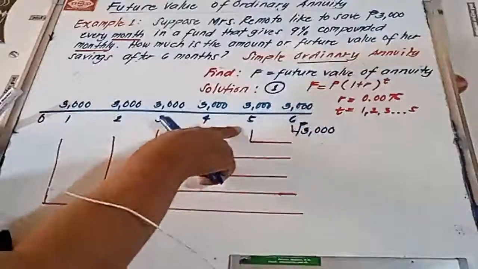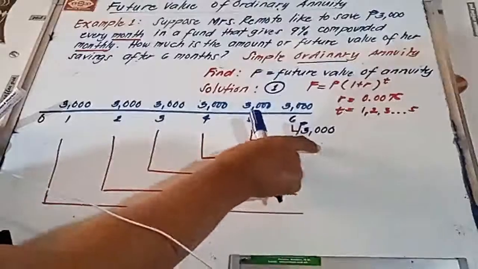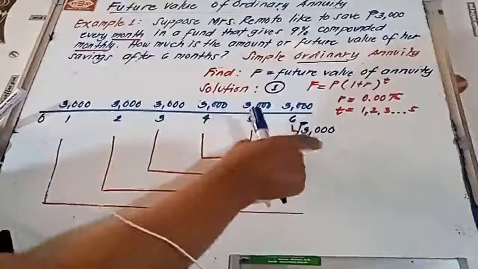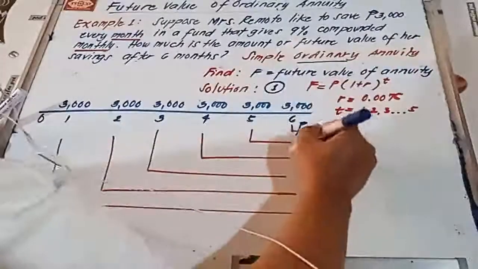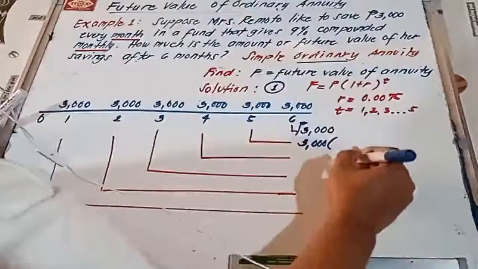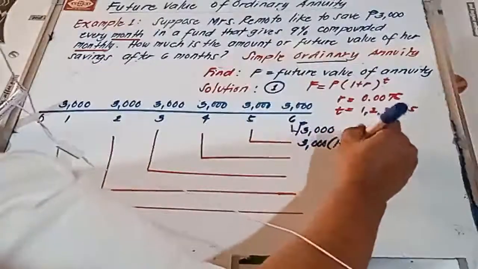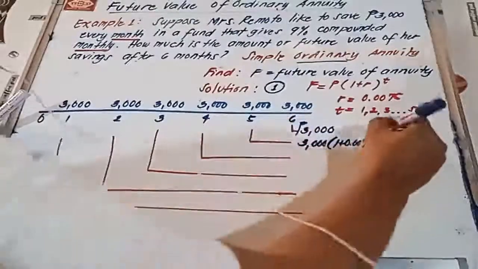For the fifth payment, there is a 1 month interval, so the 3,000 will still earn interest within one month. Using this formula, we have 3,000 times 1 plus 0.0075, and the interval is 1 month.